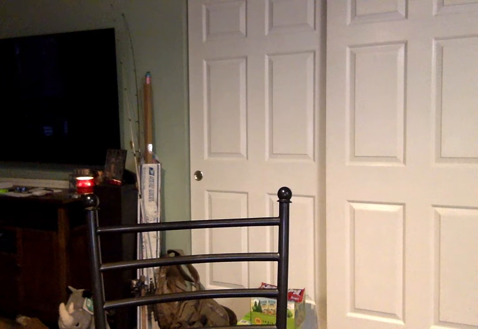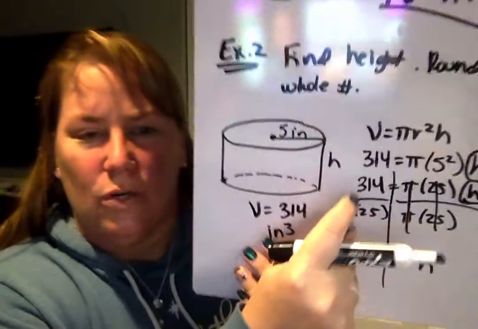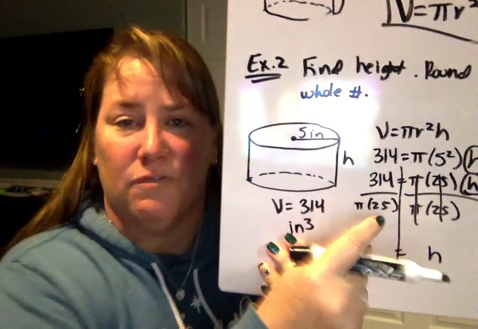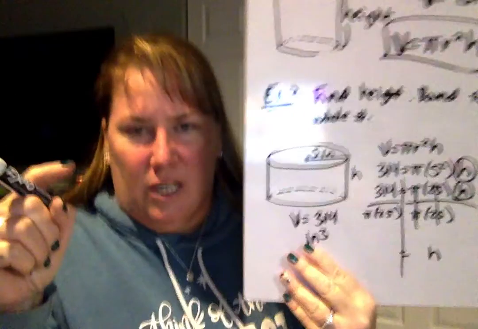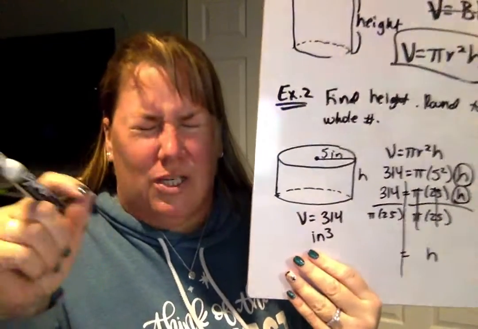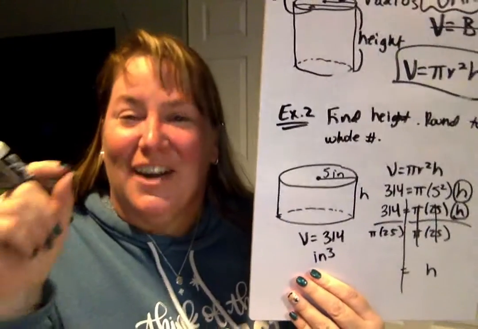Nope, cancel. If I push stop, my video would have stopped. I'm back. So, if you go 314 divided by pi times 25, your calculator doesn't understand order of operations.